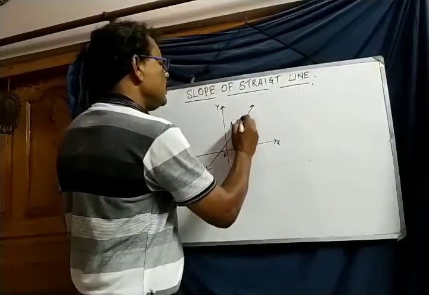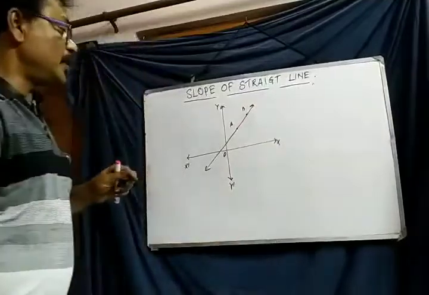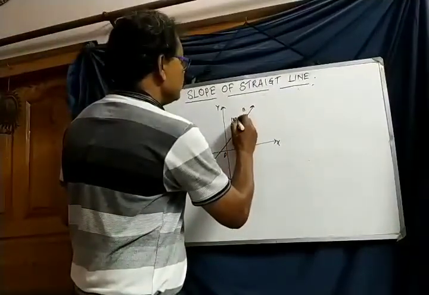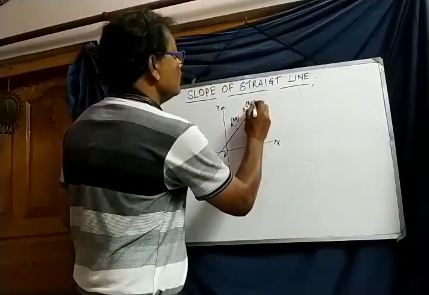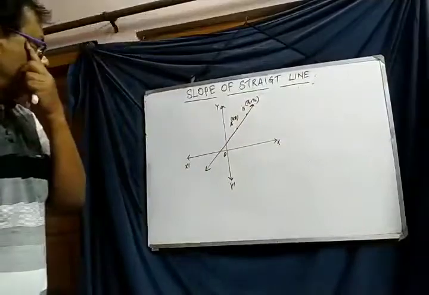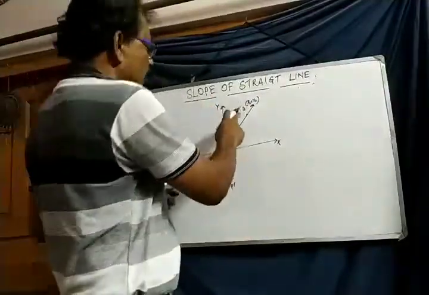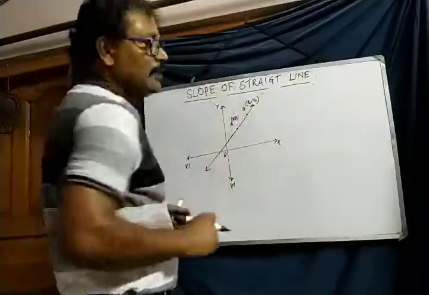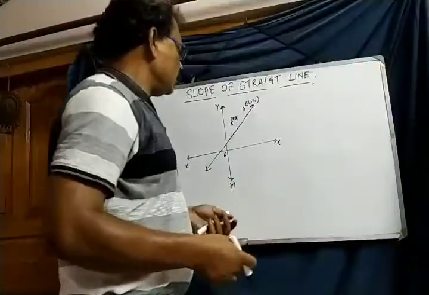A and B are 2 points on the straight line having coordinates x1, y1 and x2, y2. Then what will be the slope of the straight line? If the values of x1, y1 and x2, y2 are given, that means 2 points on the straight line are given, then how can we find out the slope of the straight line?